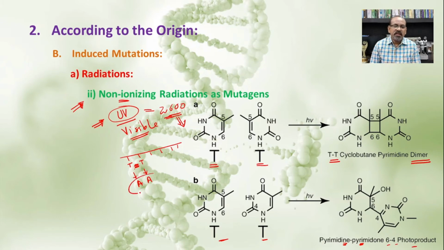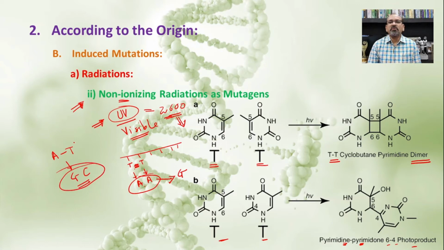Later, during replication, instead of pairing with the adenine, they pair with the guanine, and hence, because of non-ionizing radiation mutations, the AT pair is later replaced with the GC pair. The sequence of nitrogen bases on the DNA molecule gets changed, which is said to be the mutation.